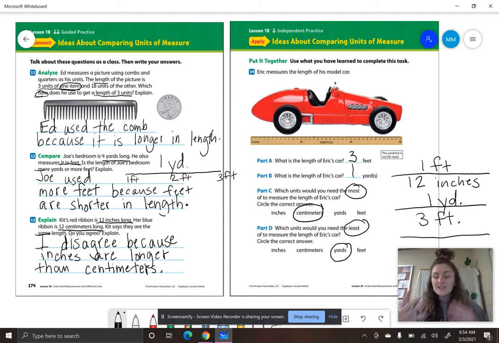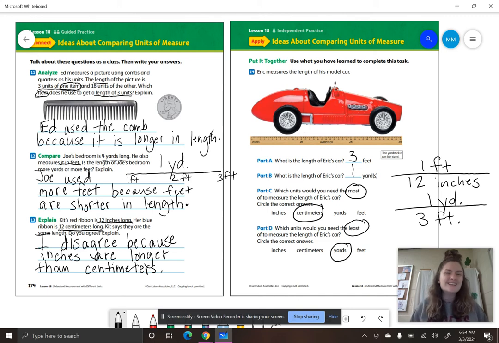Now, we don't usually use centimeters when we're talking about feet. When we're using centimeters, we measure in meters, okay? So remember, centimeters are also smaller than inches. So we would need the smallest amount of yards to measure the length of the car.